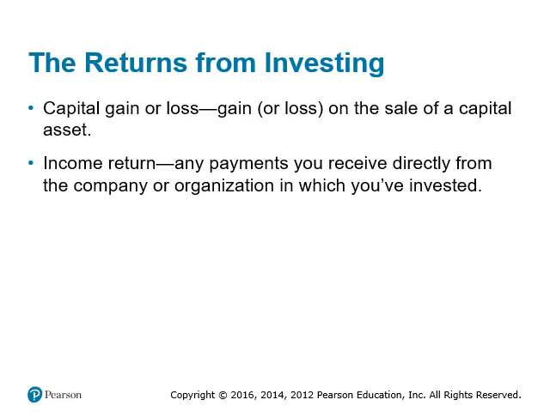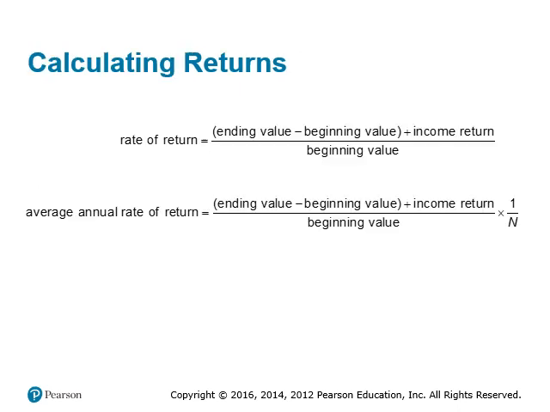We also have the income return, which is any payment you receive directly from the company or organization in which you've invested. So here are the formulas for calculating returns, the rate of return as well as the average annual rate of return.